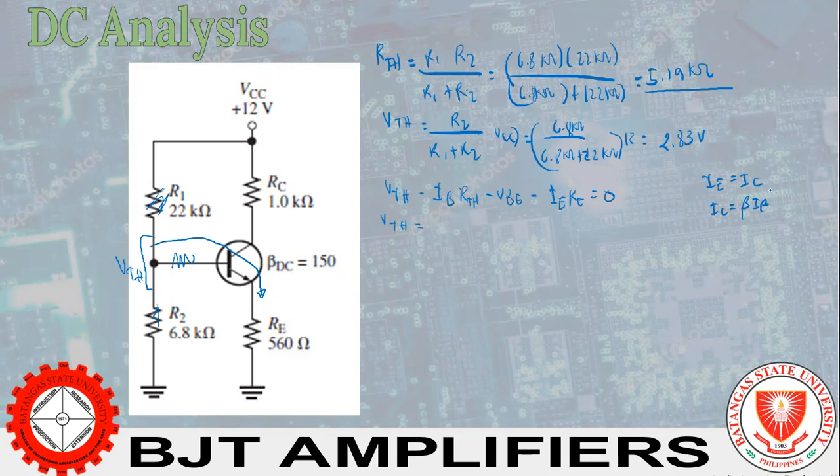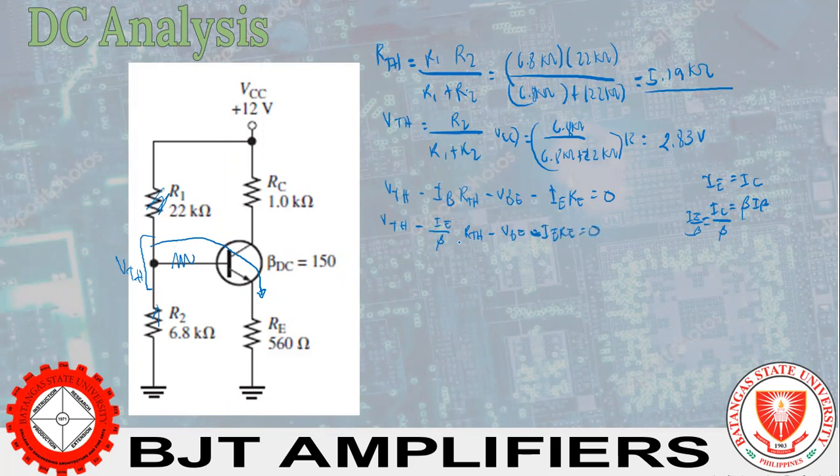So, itong IB ay equals kay IC over beta, which is IE over beta. Then VTH minus IB RTH minus VBE minus IE RE is equal to 0.